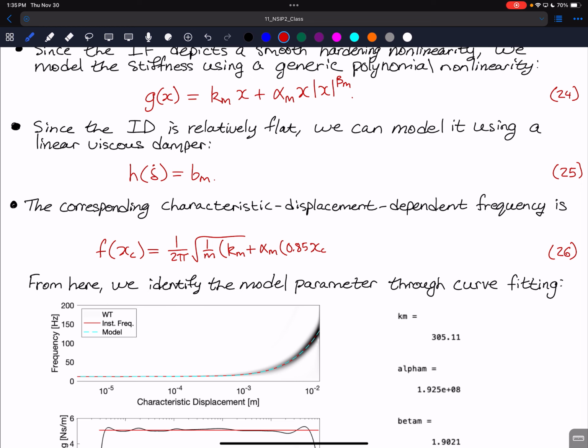I didn't use delta because there's no relative displacement here. It's just the actual displacement. Another thing I'll say is that the characteristic displacement is always going to be positive, so we can get rid of absolute values because it's the same value either way.